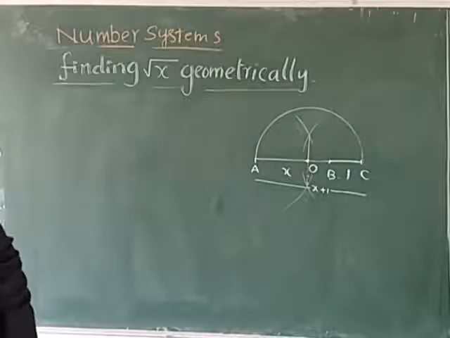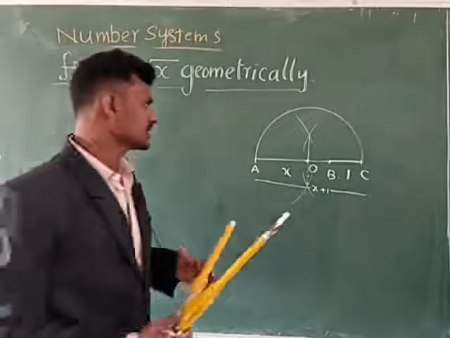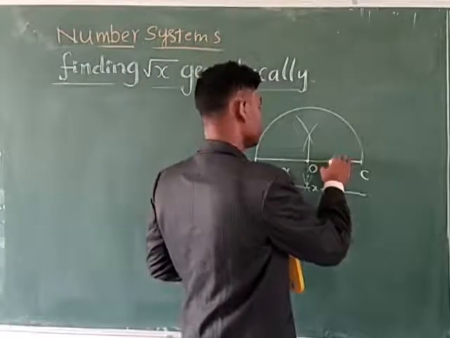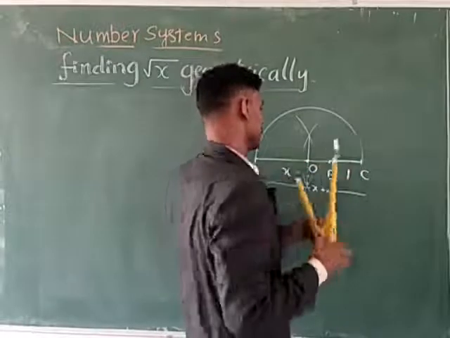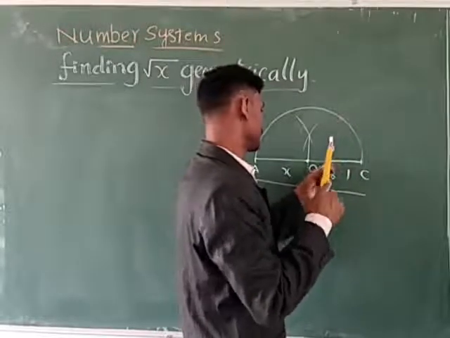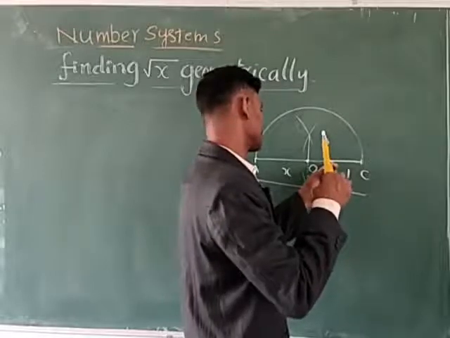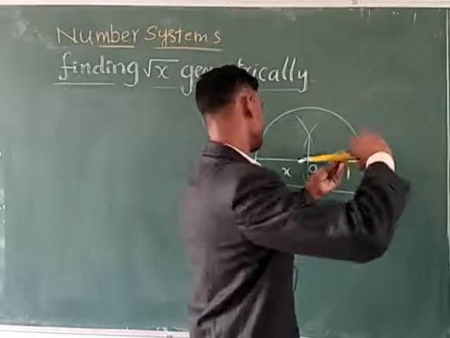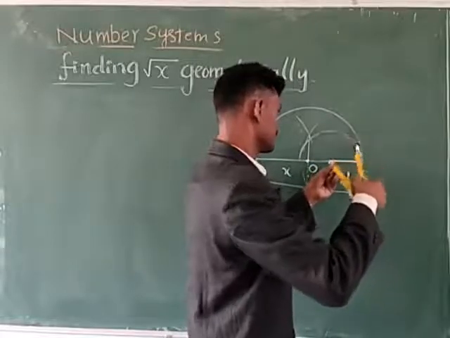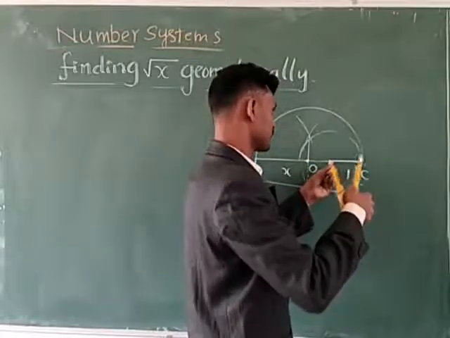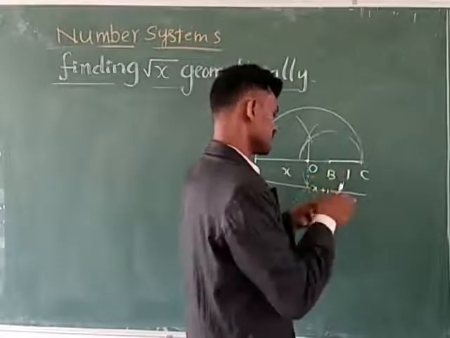Now you have to draw a perpendicular to OB, passing through B. How to draw: you have to draw a semicircle here, any radius, no problem.